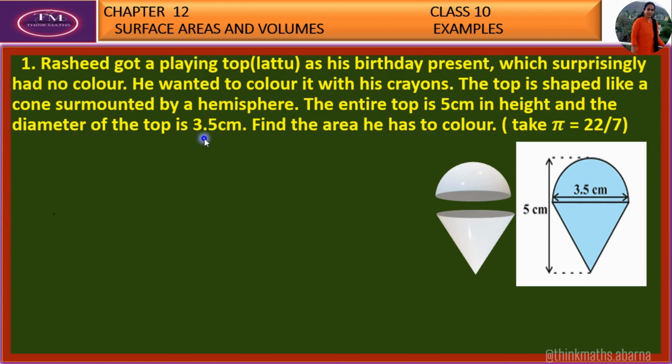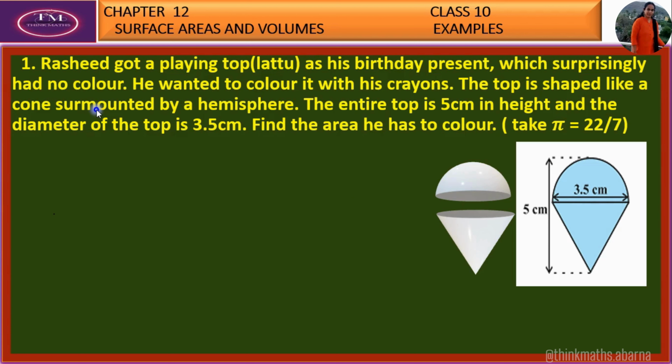So here the property is the top. Rashid has to color it with his crayons, so which area does he have to color? How is the shape of the top? The shape of the top is a cone surmounted by a hemisphere.